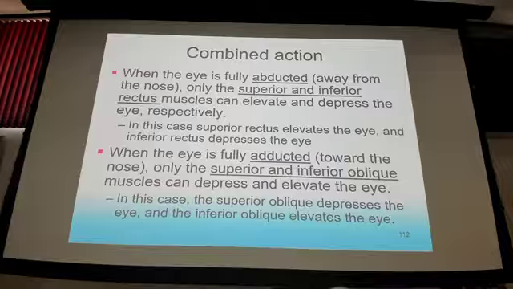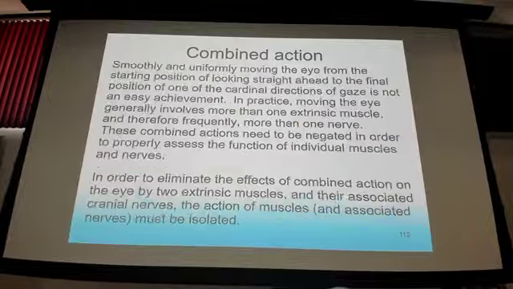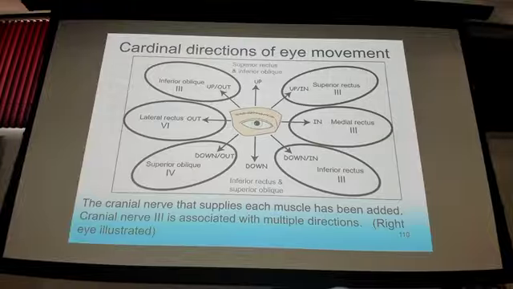But if the eye is fully adducted towards the nose, only superior and inferior oblique muscles can elevate and depress the eye. Now what's interesting is, I didn't say this before, the muscle responsible for moving the eye into the up and out quadrant is inferior oblique.